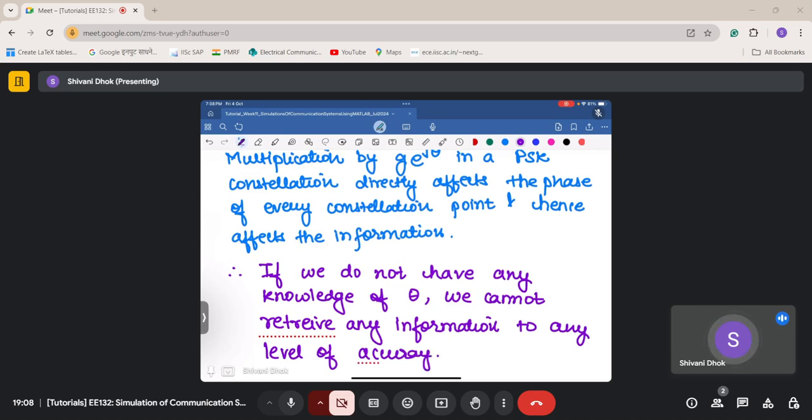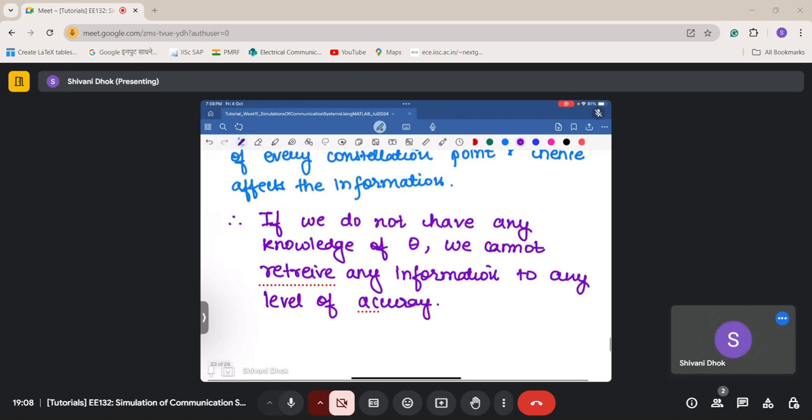My information was in the phase, and by the introduction of this random phase component e power j theta, my entire information is lost.